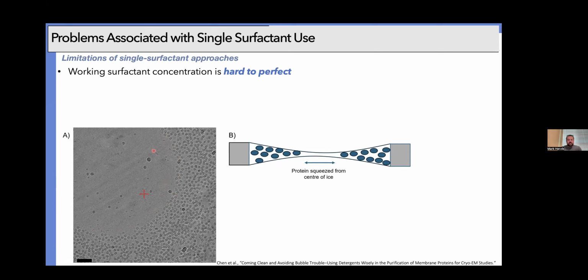If you're looking top down, this is what you'll see. This is the center of the hole. All your particles are pushed to the edge where it's a little bit thicker. And so you get this protein squeezing, right? Finding a concentration where you can flip views without pushing all your particles to the edge is something that you have to tailor.